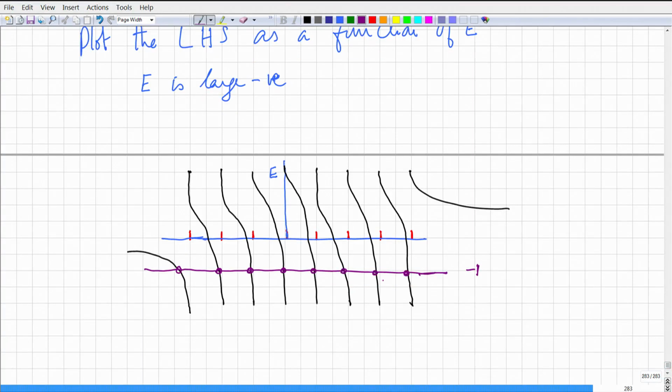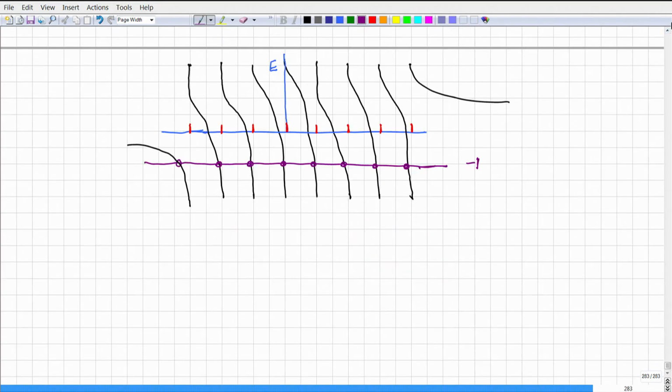What we see is that there is a slight change in the eigenvalue from the original one, which was at these red pillars, pegs, and it moves a little bit away from there. Then you see that the curve goes asymptotically to 0 on this side and asymptotically to 0 on the other side, and this is a split off state, split off energy level.